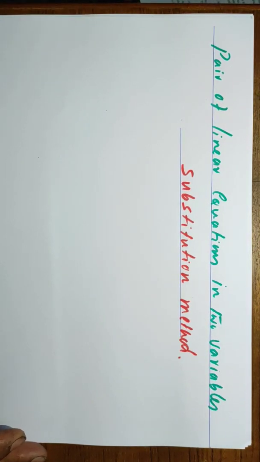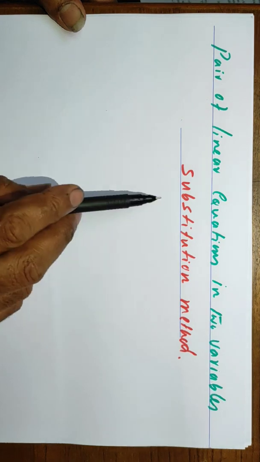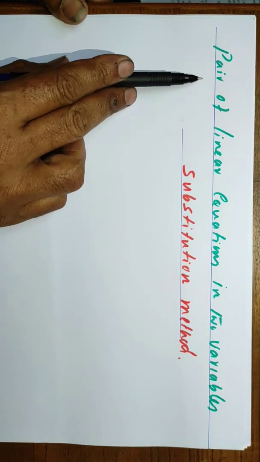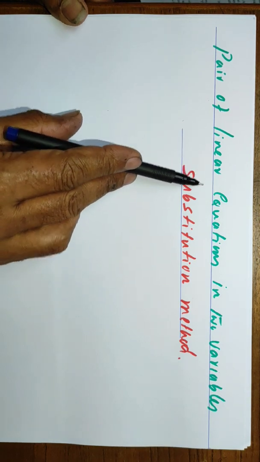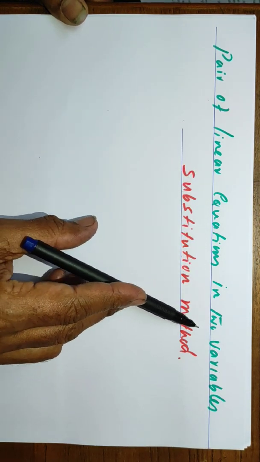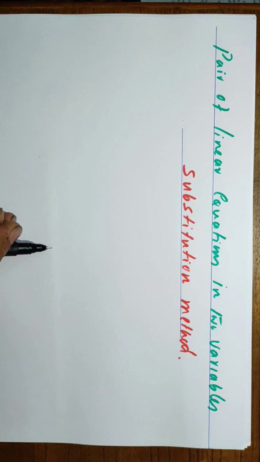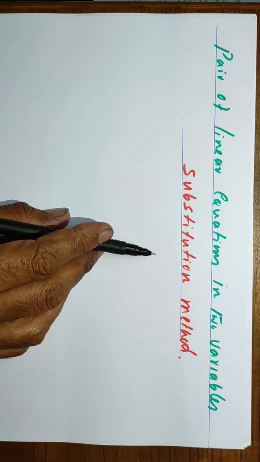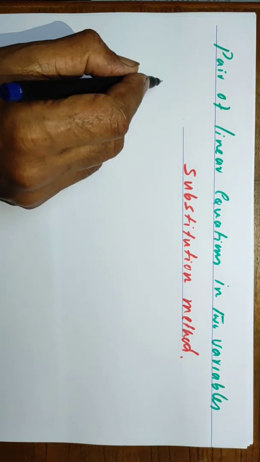Dear students, today let us discuss the substitution method of solving a pair of linear equations in two variables. I shall explain this method of substitution by taking one example.